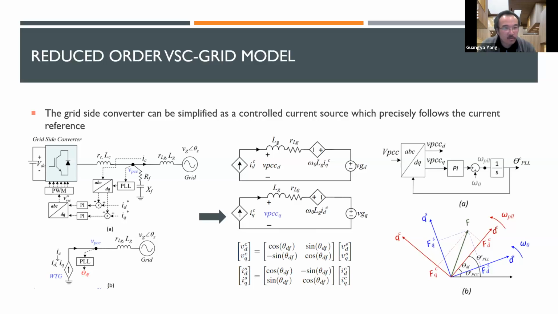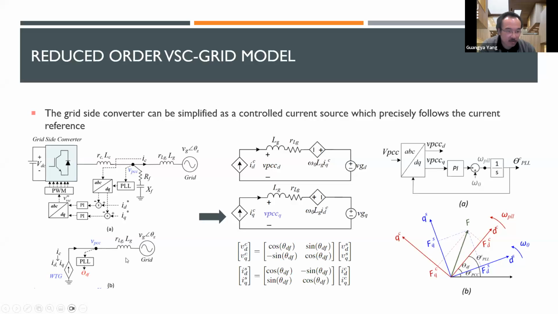So for the reduced order model of a grid-connected converter, we are using the current injection model to represent the grid side converter. The grid side converter can be seen as a current source, where the current injected from the converter has both D and Q axis components, and the phase is tracked by the phase locked loop.